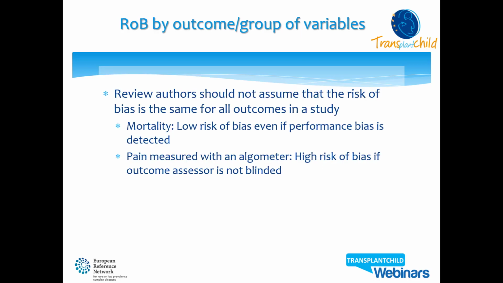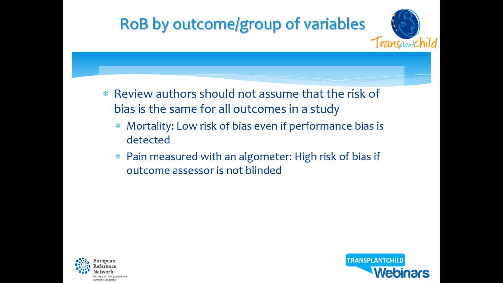It's important for all of us to try not to assume that the risk of bias is the same for all the outcomes. That means some outcomes could be very affected, for example, by blinding, but other outcomes cannot be affected. So in these cases, probably we need to make a double assessment. Probably we need to assess the risk of bias for a group of outcomes and another one for another group of outcomes.